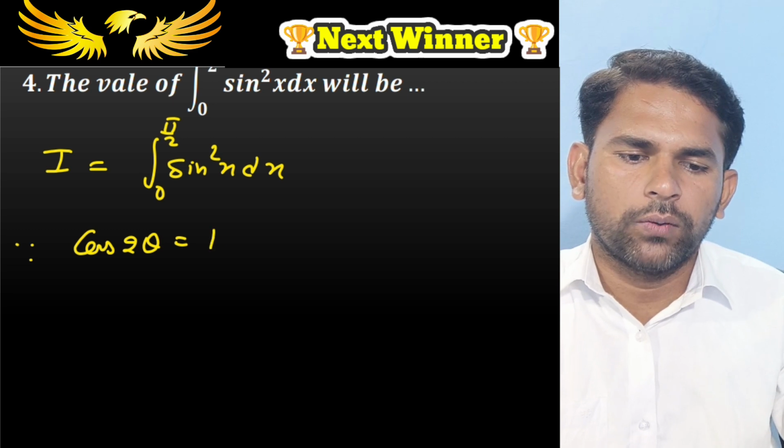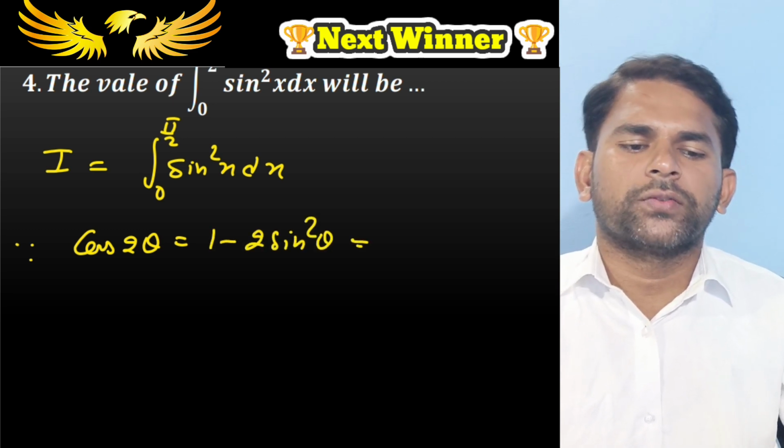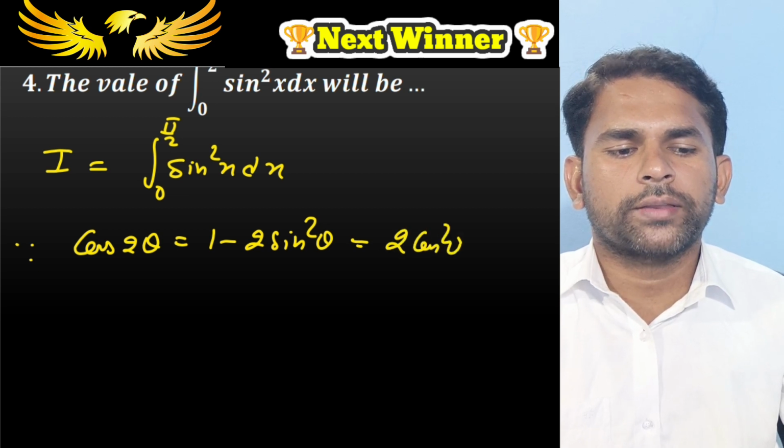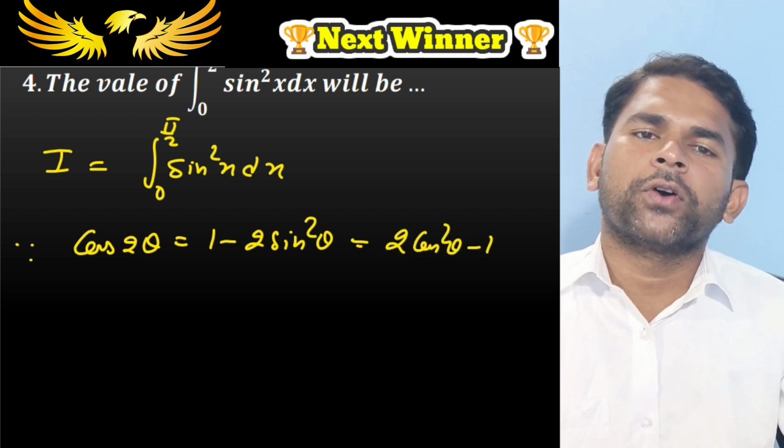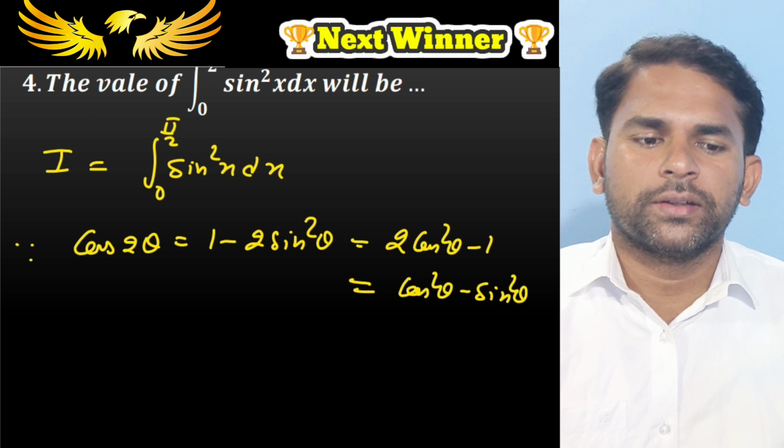One formula you know very well: 1 minus 2 sin square theta, and another formula is 2 cos square theta minus 1, and another is cos square theta minus sin square theta, and another formula is in the tan form.